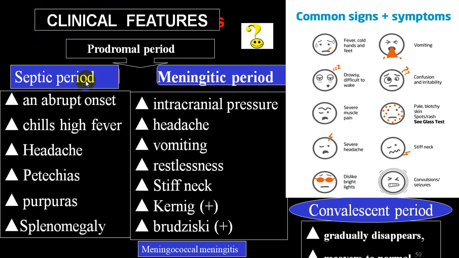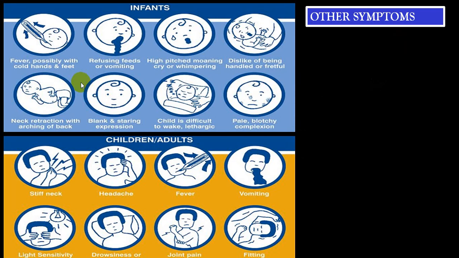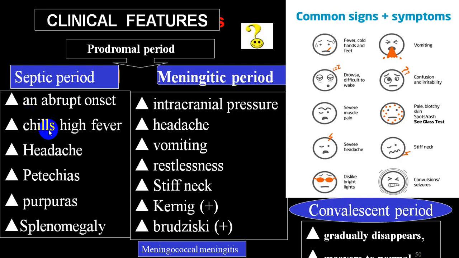Because of release of toxins, fever with chills, headache, you might develop petechiae or purpura, and you might have splenomegaly. Because of meningitis, headache, vomiting, stiff neck, Kernig sign, Brudzinski sign. That is most common.